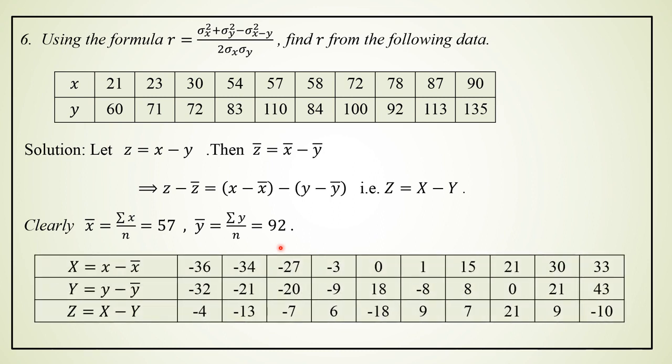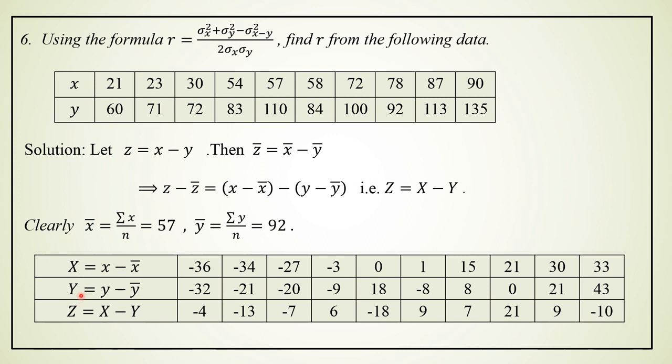So, after computing x bar and y bar, compute capital X, capital Y and capital Z. What is capital X? Capital X is x minus x bar. X bar over here is 57. So, 21 minus 57 is minus 36, 23 minus 57 is minus 34, 30 minus 57 is minus 27, 54 minus 57 is minus 3 and so on.